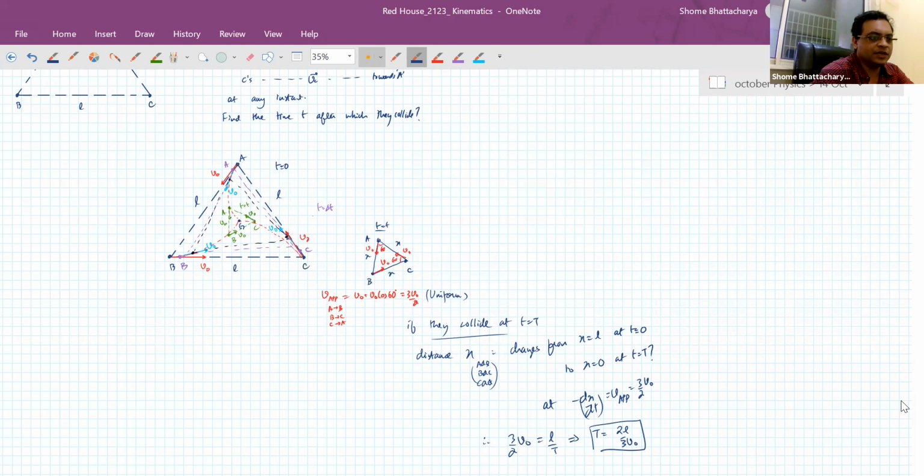But if you keep looking at the particles with respect to each other, relative to each other, then one interesting aspect is that while the particles are turning around and the velocity is always turning, the approach velocity between any pair of particles is remaining constant. So the rate at which the different particle pairs are coming closer and closer to each other is a uniform value of 3 by 2 v naught. Okay, so they cover that distance of L in that much time, L divided by 3 by 2 v naught.